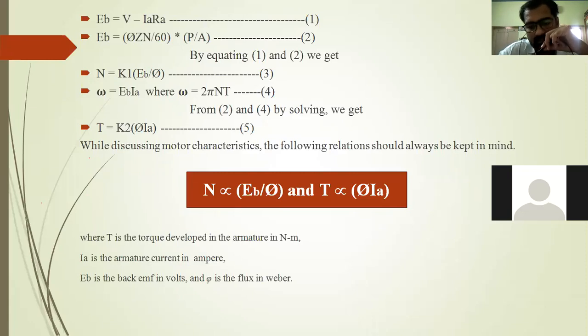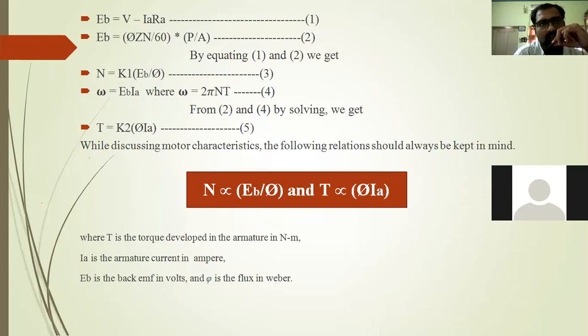In the generator an EMF is generated, and in the motor a back EMF is generated. These two are represented by EB in the motor, that is the back EMF, and EG represents the generated EMF.